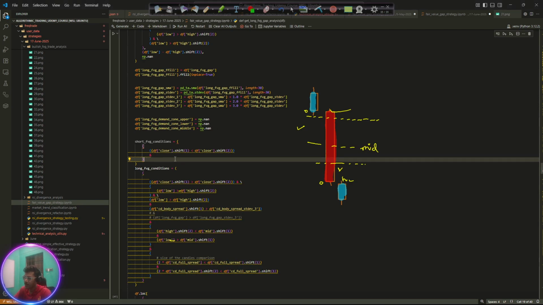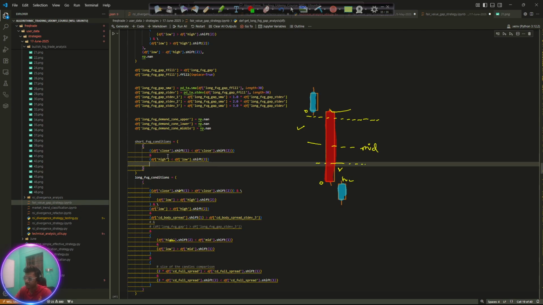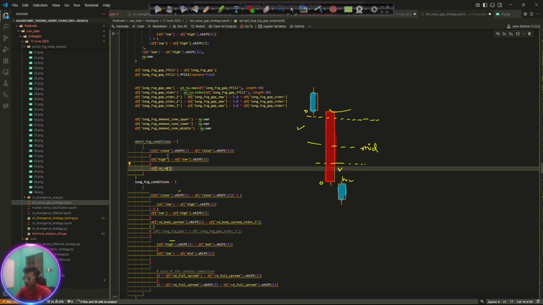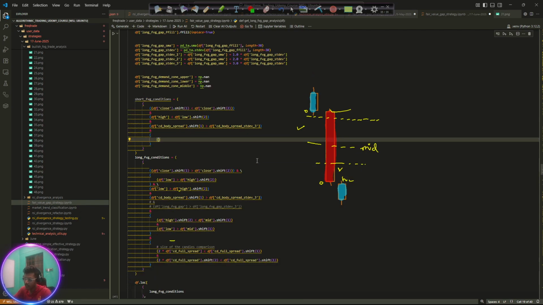Then high should be less than low dot shift 2. Then candle body spread of the previous candle should be greater than the standard deviation of candle body spread along 20 or 30 candles. I actually taught that in my course.